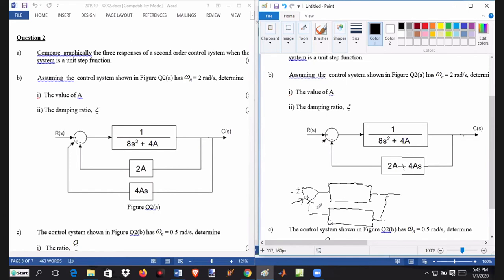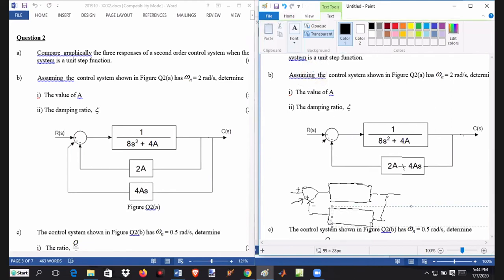What you can do is you just go and do like that. You just go and put 2a minus 4as.